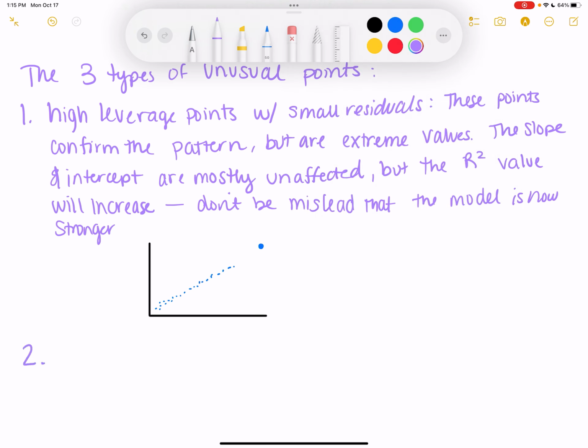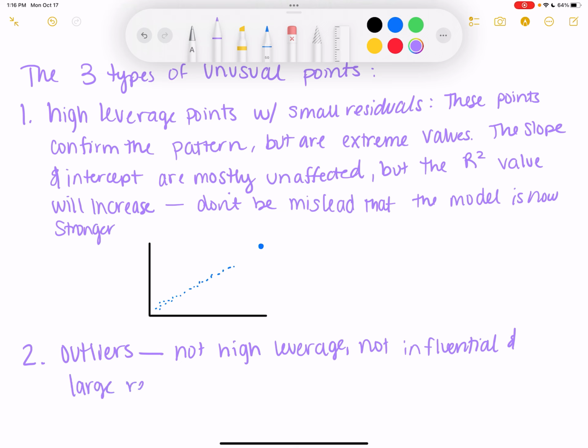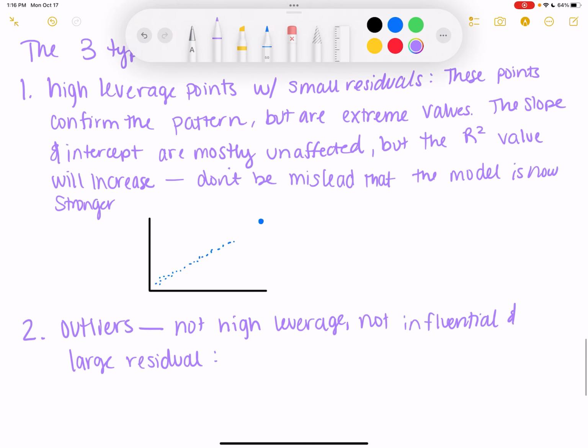2, it's outliers, not high leverage, not influential, and a large residual. This does not affect slope. But they aren't consistent with the pattern.